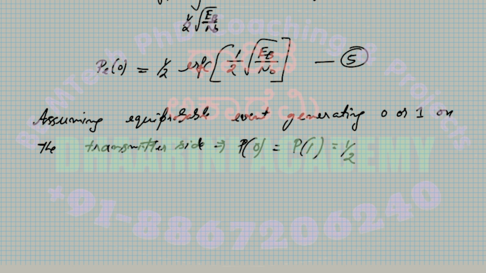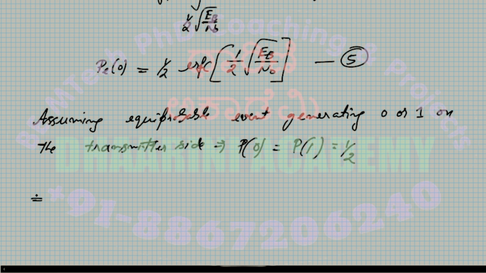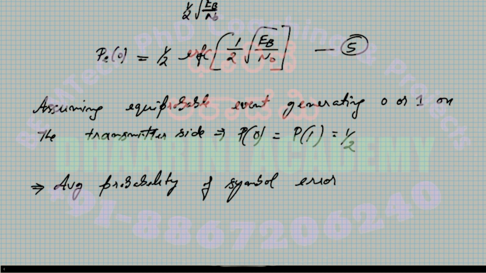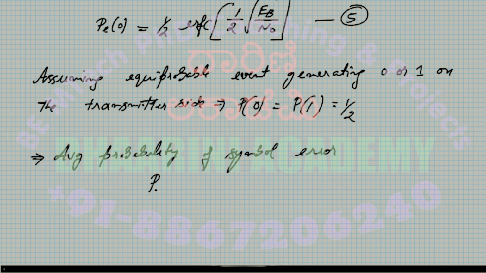Are you okay? Now we are trying to calculate the total error, which we call the average probability of symbol error. Let's denote that as PE.